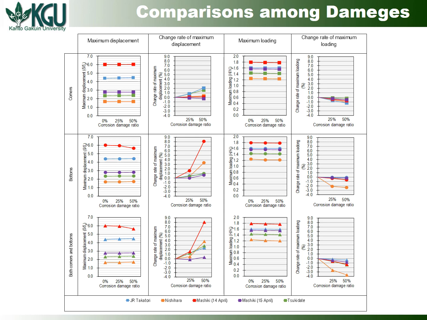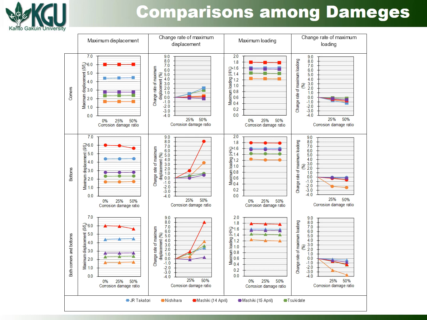Next, these figures illustrate a comparison of the maximum displacement and maximum loading by the corrosion damage ratio. Note that the percentage changes in the maximum displacements and maximum loadings according to the corrosion damage ratio are also shown in these figures.